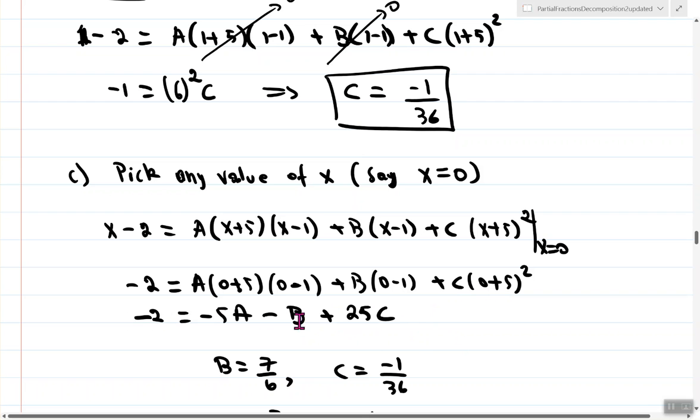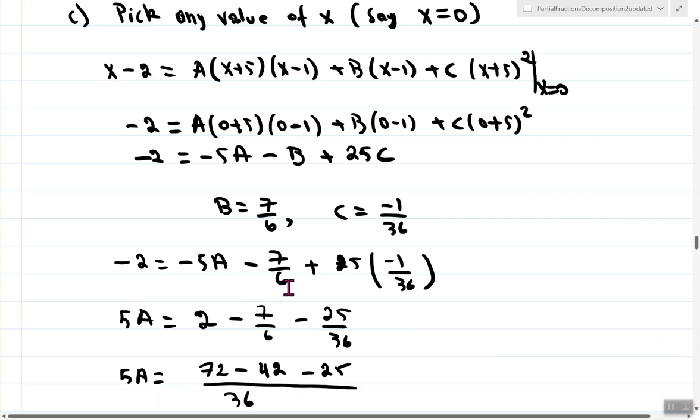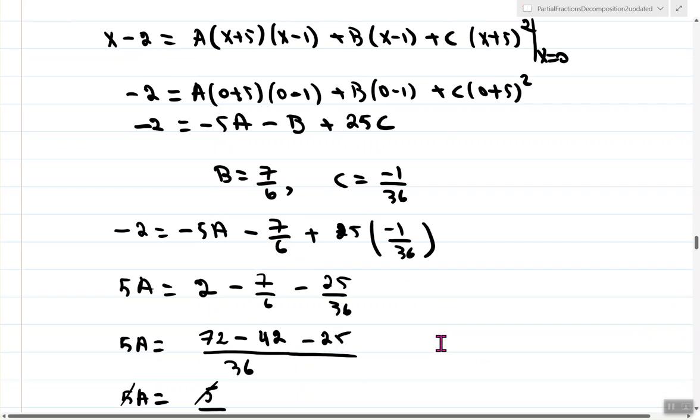But we already know b, and we already know c, because we already found them. So you go here and replace b by 7/6, and then c by negative 1/36, so that you can solve for a. When you plug in those values of b and c, you then add like terms.